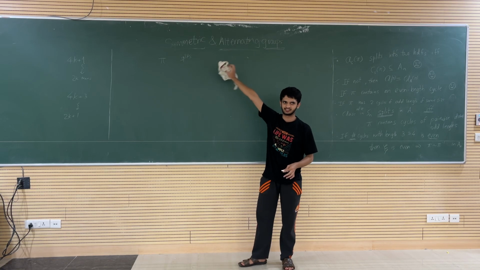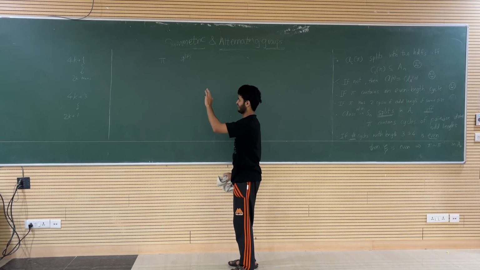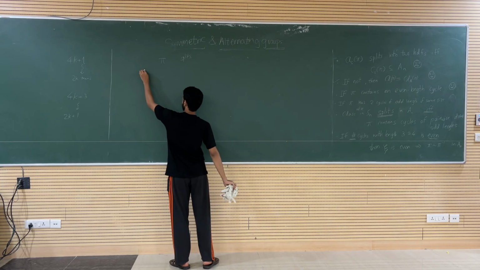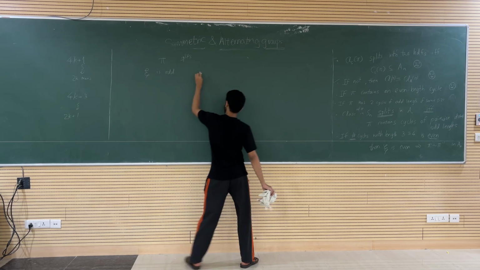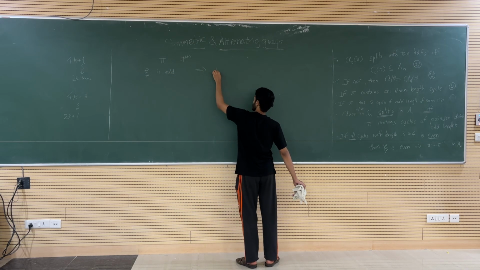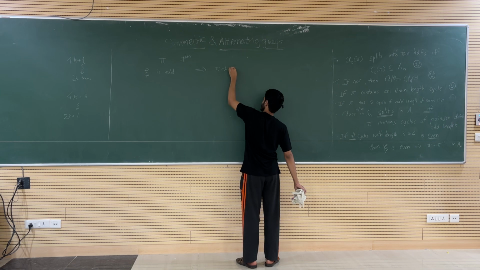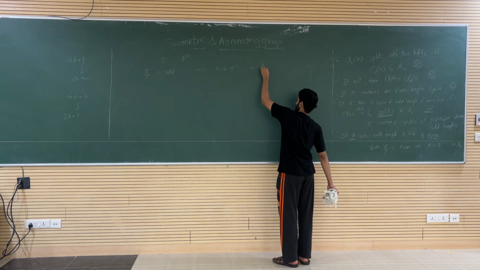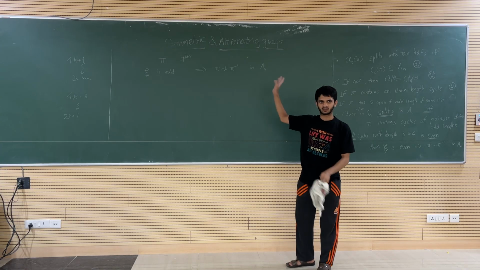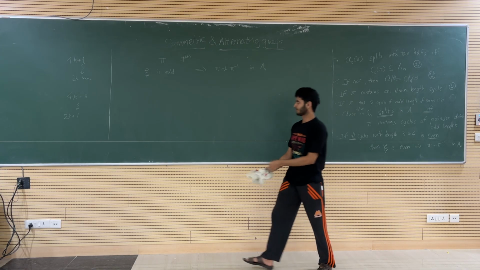That's the assumption. I start from there, and suppose xi is odd. My claim is this implies that pi and pi inverse are not conjugates in An, obviously, because in Sn they are conjugates. We know that. In An they are not conjugates. This is my claim. How do I prove it?